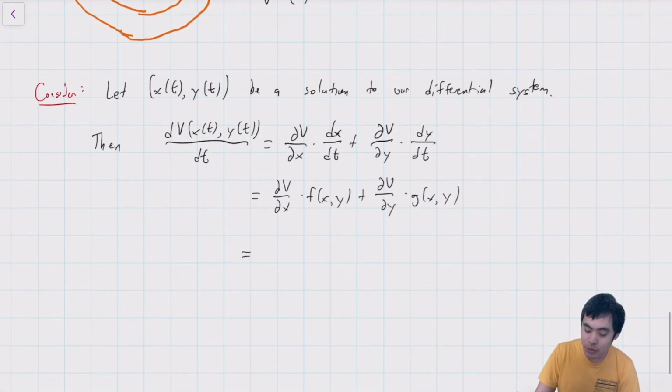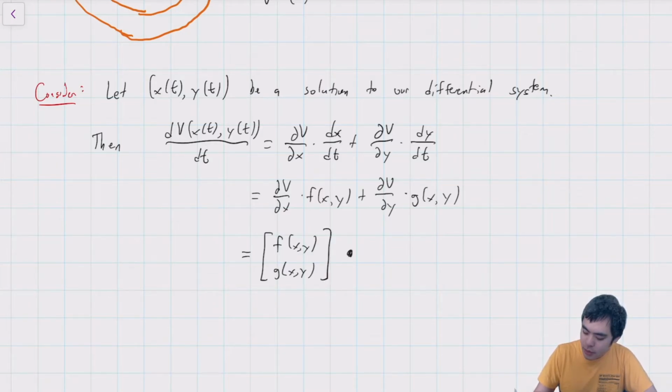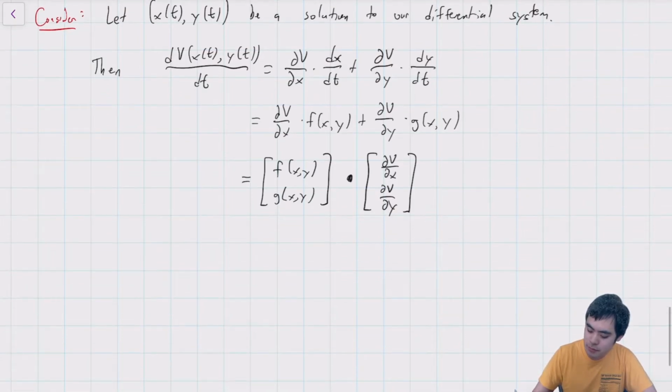And one of the nice things is we can rewrite this as a dot product, which then has a geometric interpretation. We can rewrite this as the dot product of f of xy, g of xy with partial x, partial y of v. So this is a dot product, and you'll notice that this is just the gradient of v.